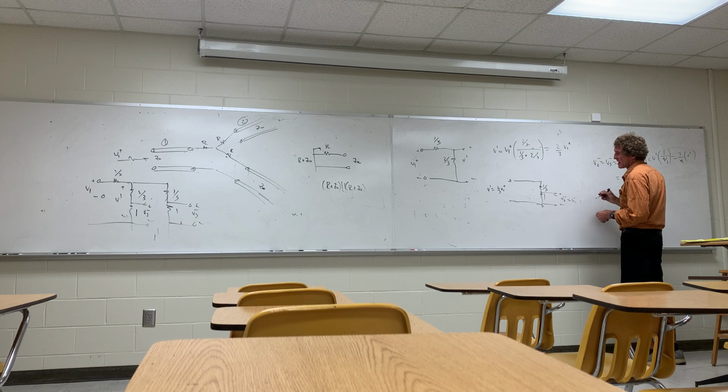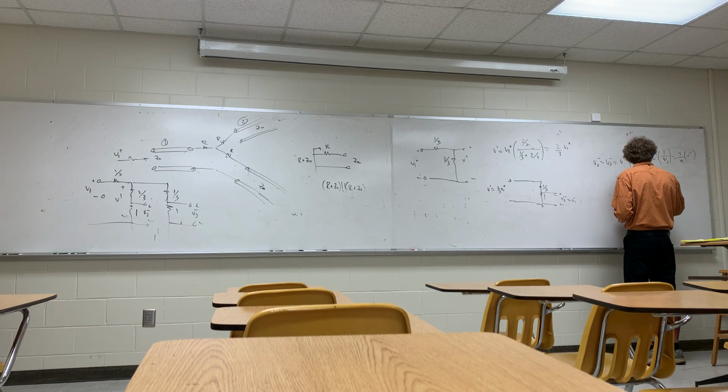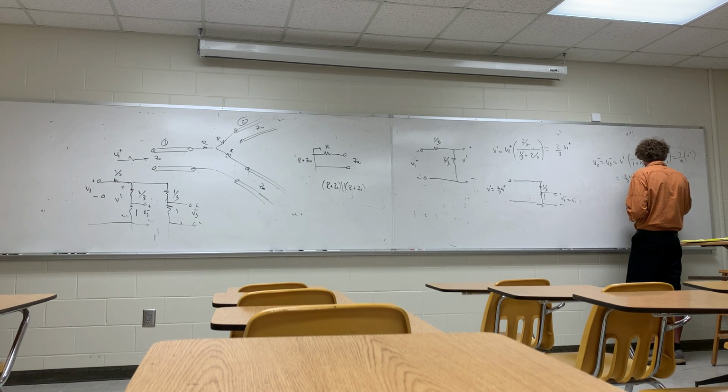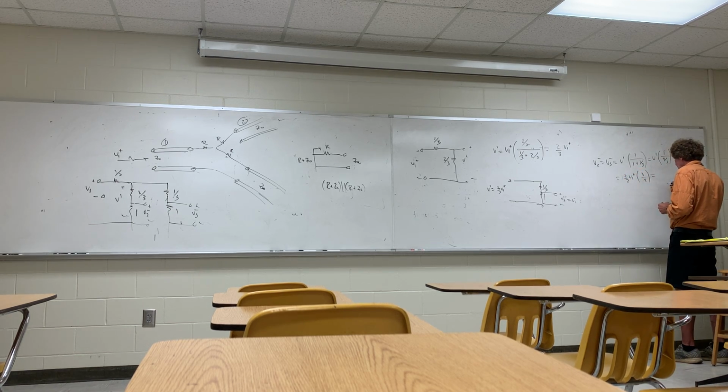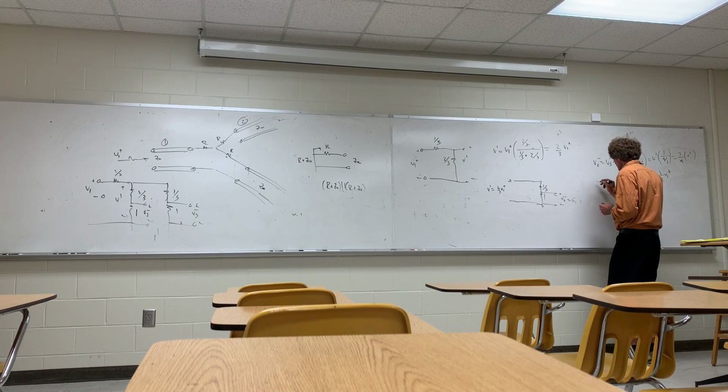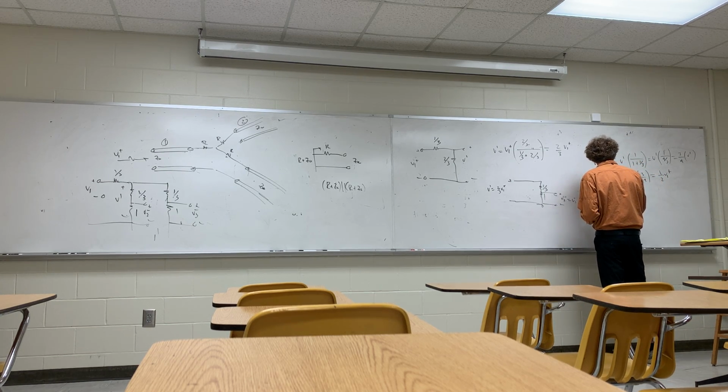And since V prime is 2/3 V1, it's going to be 2/3 V1 plus times 3/4, and that is going to be simply 1/2 V1 plus, which is equal to V2 minus equal to V3 minus.